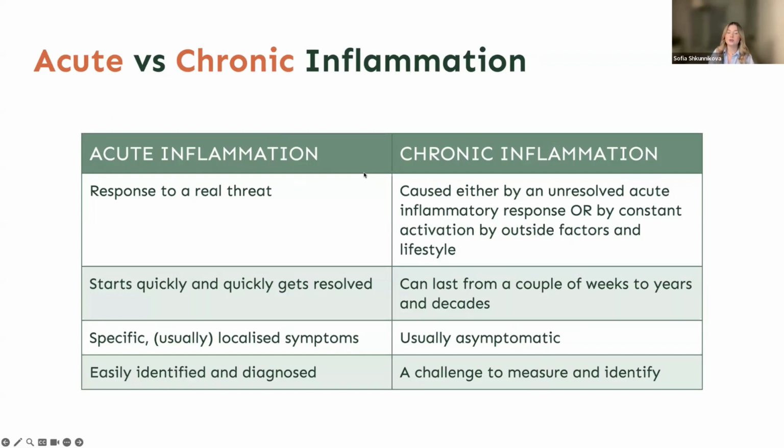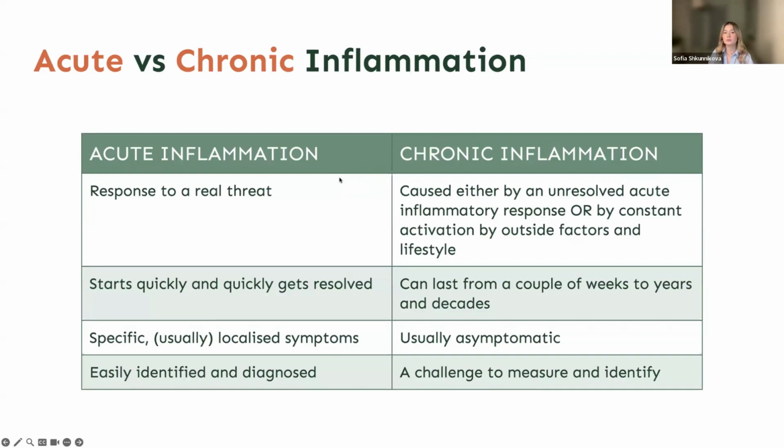Now, on the other hand, chronic inflammation can be caused either by an unresolved acute inflammatory response, just as we said right now, or by constant activation by outside factors and lifestyle. And I think this is very important to focus on here, because chronic inflammation doesn't always have to follow acute inflammation.